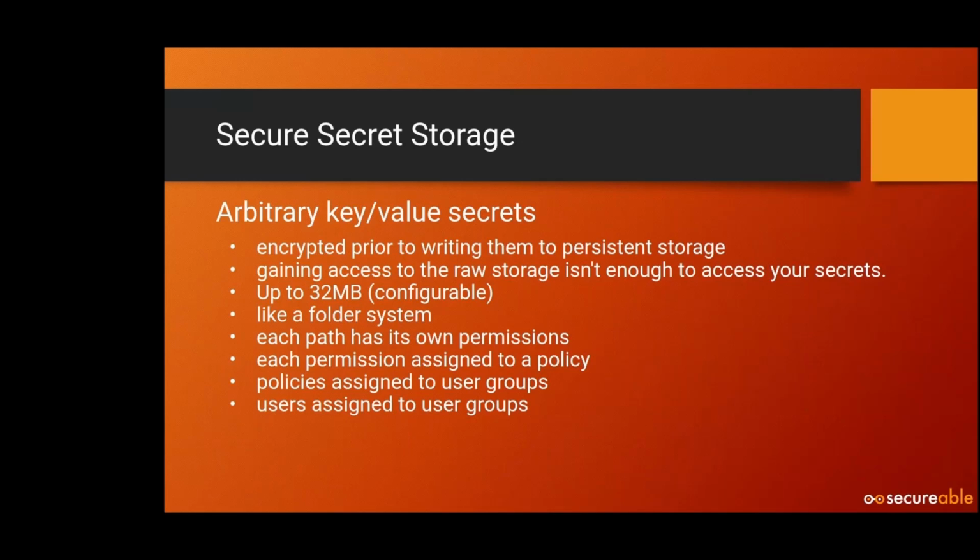Policies are assigned to user groups, and users are assigned to user groups. So you can specify just by assigning groups and policies who can access which keys on the secrets. So, for example, you could say that the developer group has access to anything within this branch, and admin group has access to these functions.